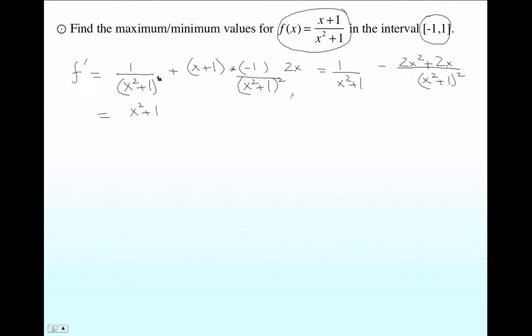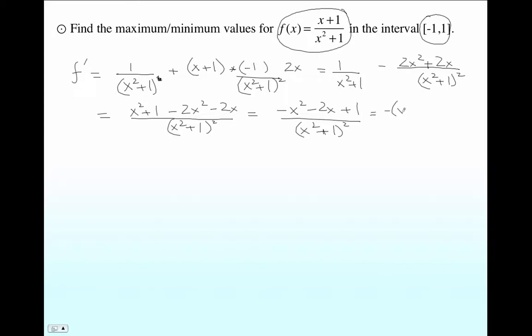This is x squared plus 1 minus 2x squared minus 2x over x squared plus 1 squared. I could now just write this more simply as minus x squared minus 2x plus 1. So I'm just simplifying, I'm just doing the obvious steps.